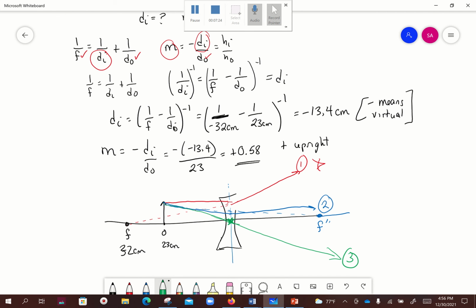Okay, so where's my image then? Well, my image, if my eyeball's over here, is where those 3 rays, 1, 2, and 3, appear to be coming from. So my eye extrapolates those 3 rays backwards, and where do they appear to meet?